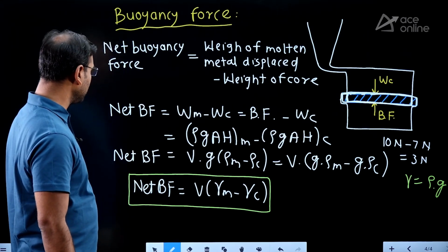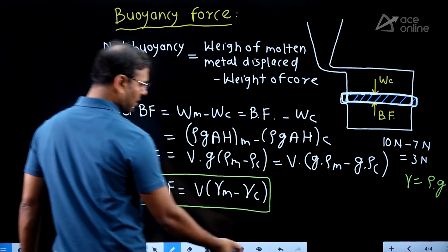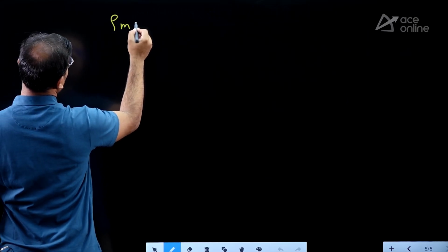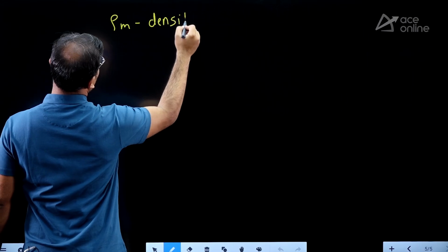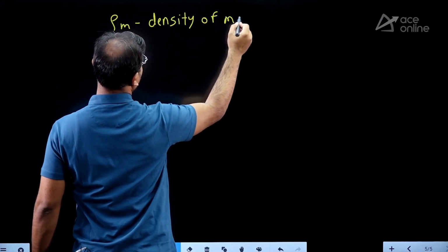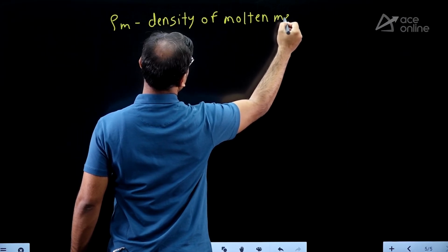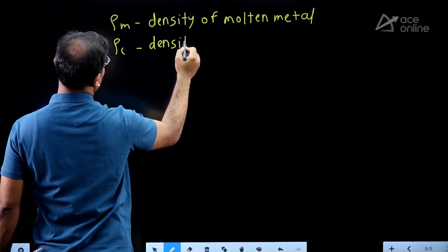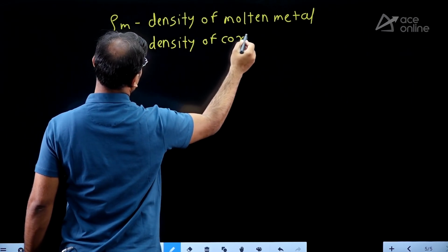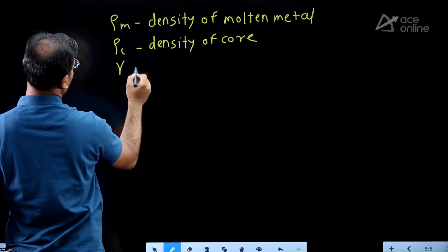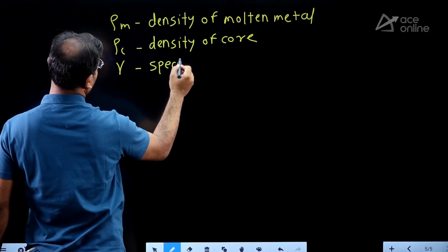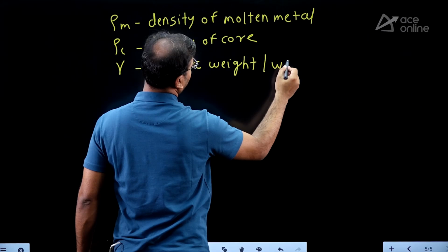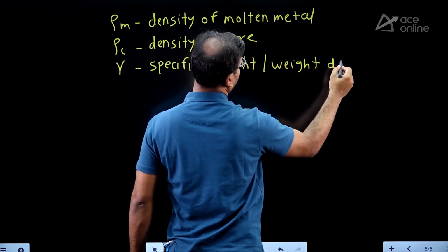Rho m is the density of molten metal, rho c is the density of core, and gamma is the specific weight, or also we can say weight density.